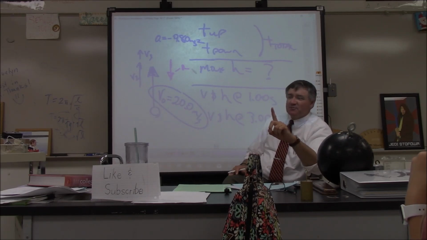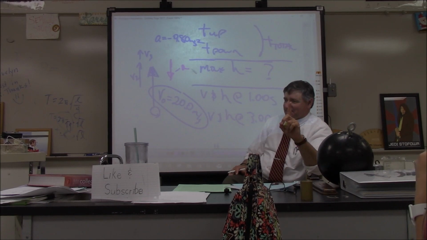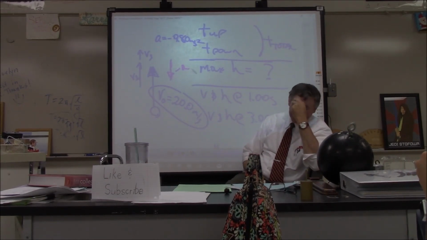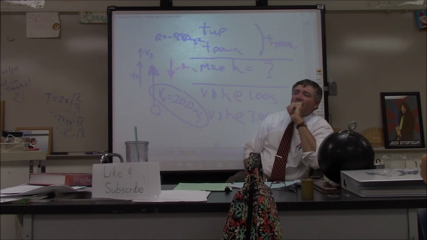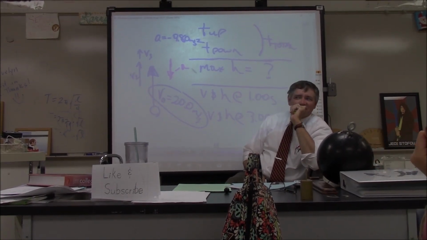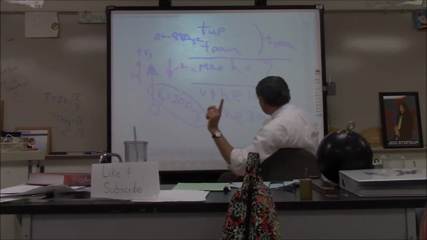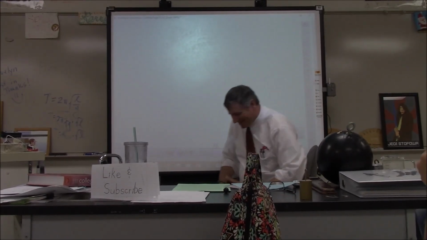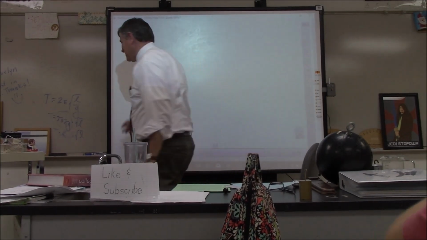No. Wait. Yes, because velocity changes direction, so the slope of the velocity graph has to change to go back up. No. You were doing so well, for about 2 seconds.